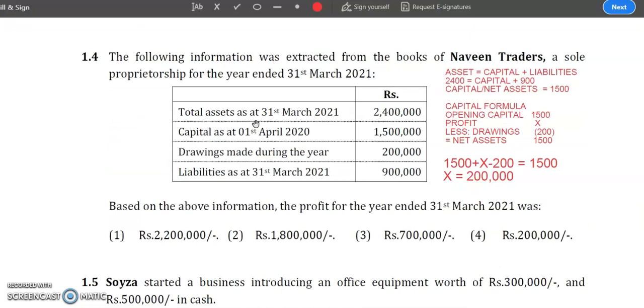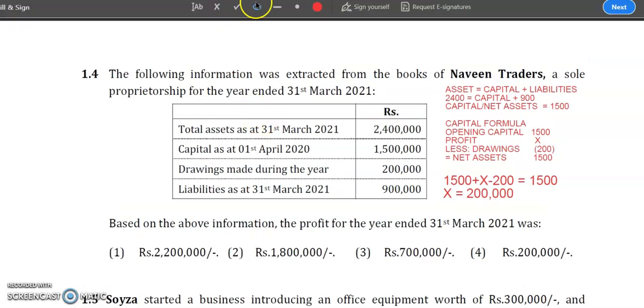Question number 1.4. The following information was extracted from the books of Naveen Traders, a sole proprietor, for the year ended 31st March 2021. Let me explain this. Based on the above information, they are asking for the profit for the year ended 31st March 2021. So how can we calculate the profit?